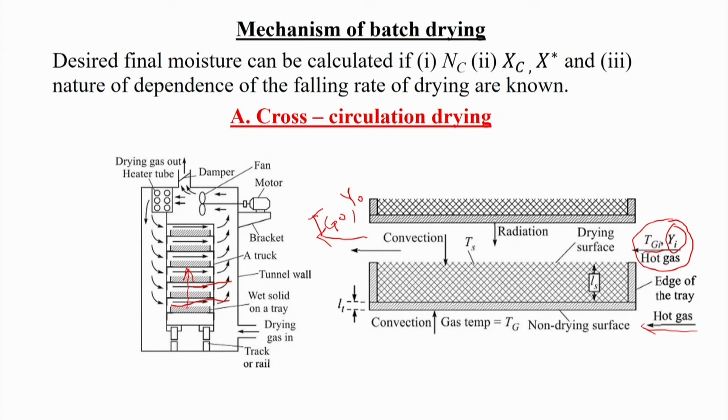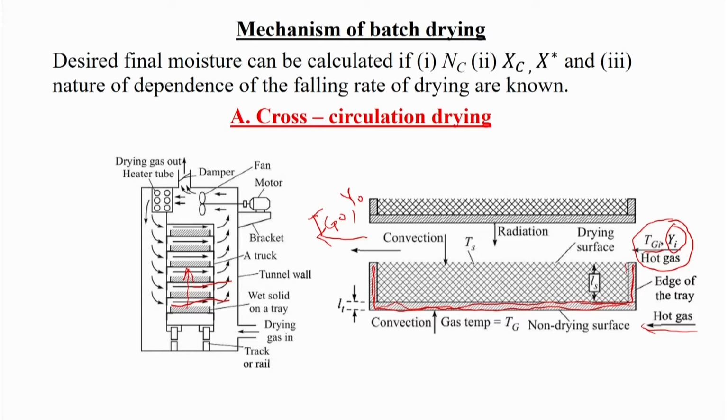There are three different modes of heat transfer taking place. One is conduction, whenever the hot gas is in contact with the tray material. The trays are especially made of metals, where the thermal conductivity values are very high, so due to thermal conduction some amount of the wet solid will be dried.